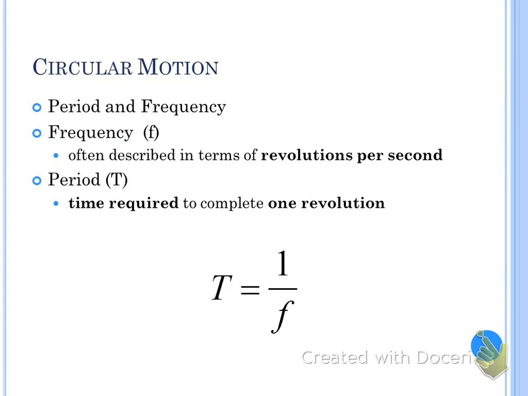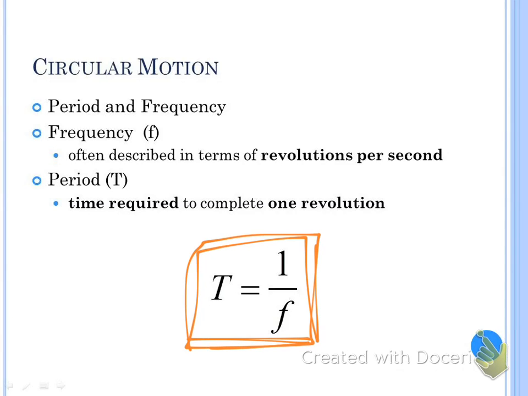And these two are connected with this equation here, and that might be a good equation for you to write on your equation sheet. This is under chapter 5, circular motion. T equals 1 over f.